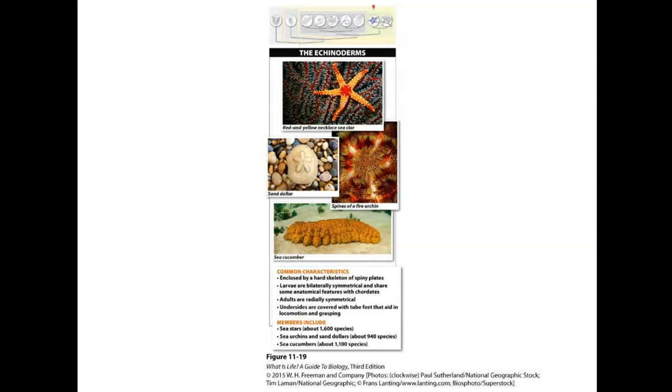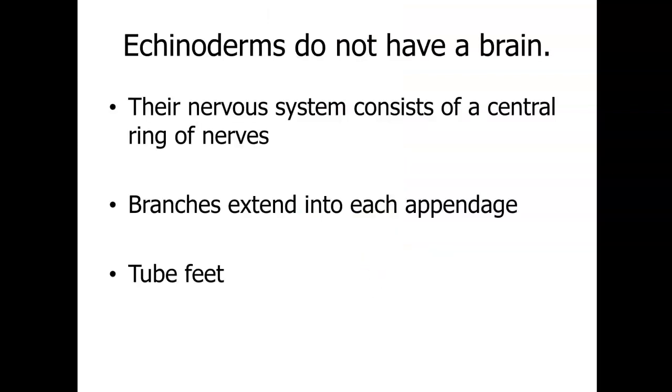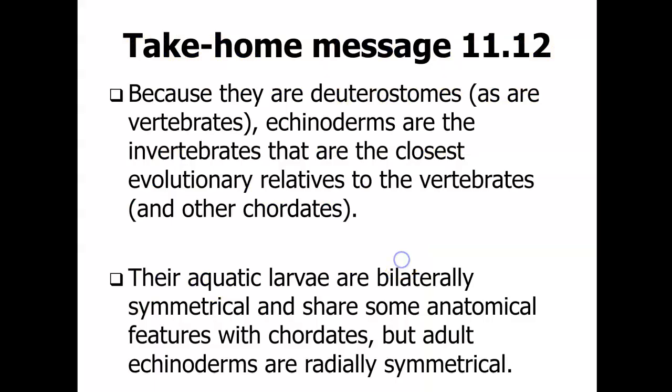So echinoderm larvae are going to be bilaterally symmetrical, remember, and the echinoderm larvae have anatomical characteristics in common with the larvae of primitive chordates. So like we said, the nervous system consists of that central ring of nerves. They're going to extend to the appendages, and it will have tube feet.